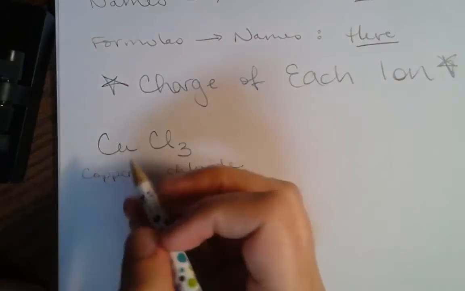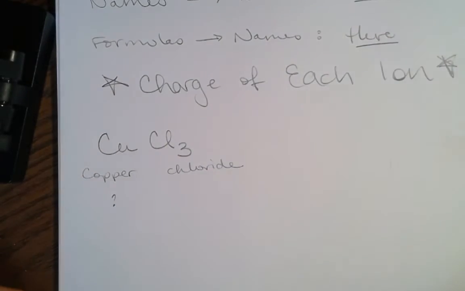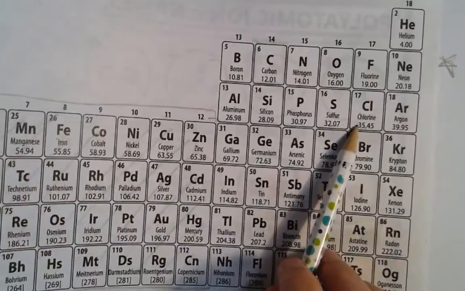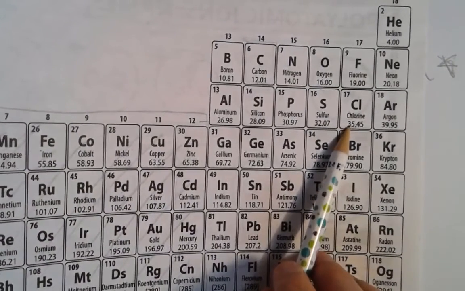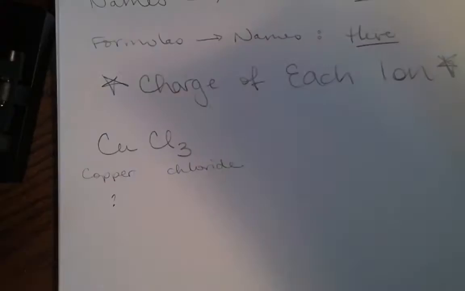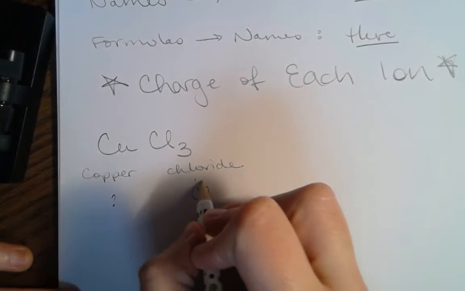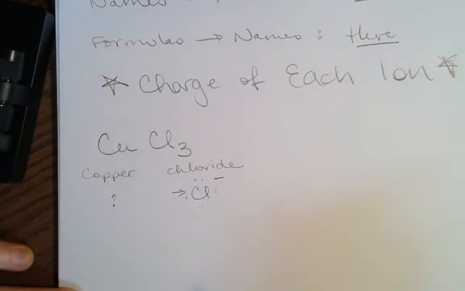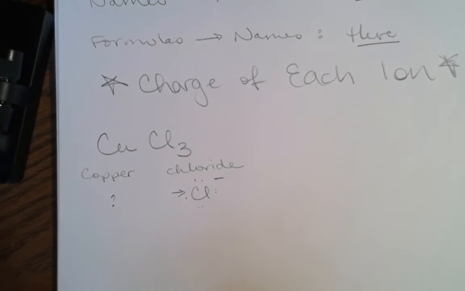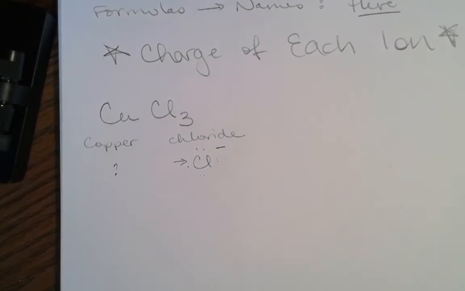Copper's charge, we don't know, but chloride is not a transition metal. Chloride's over here. We can do the Lewis structure thing, count across. Chloride has 7 valence electrons. Your chloride ion will have a charge of -1. It will gain 1 electron to get to that full outer shell of 8. Okay, so each chloride ion has a charge of -1.